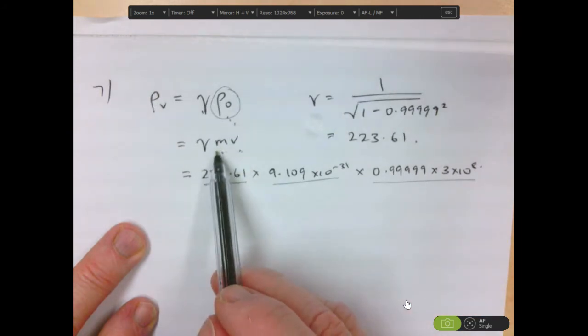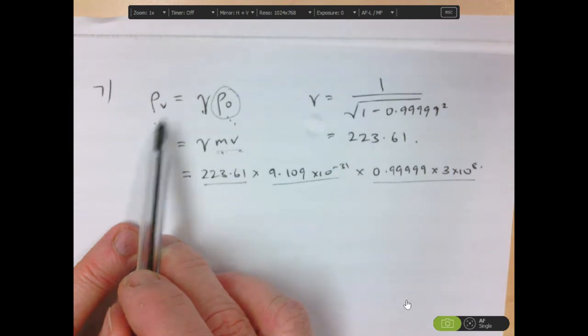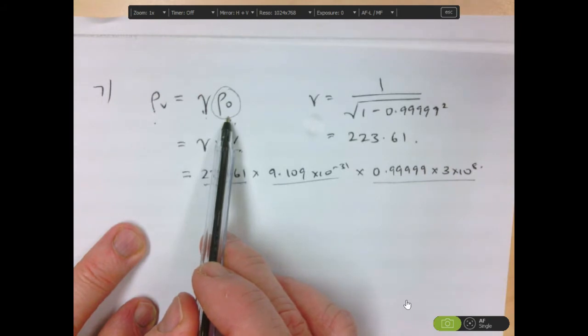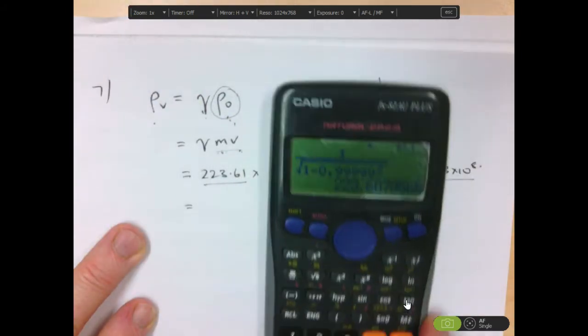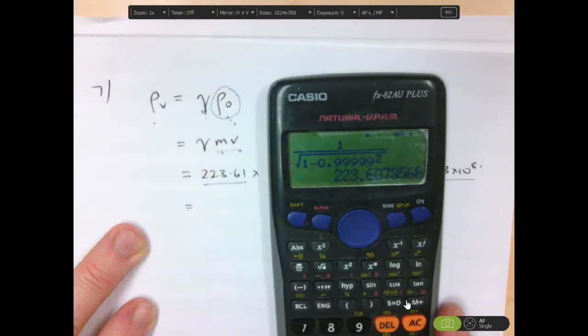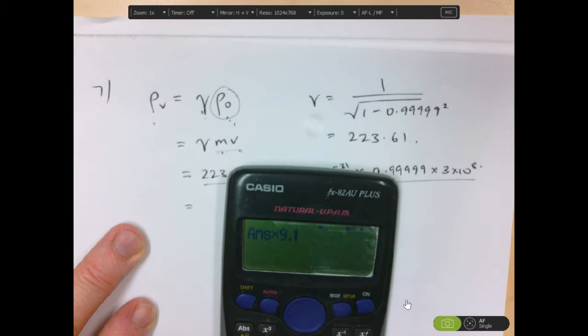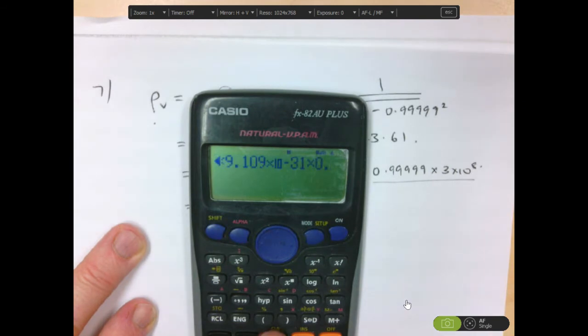So remember, momentum is just simply mass times velocity, and the relativistic momentum is simply the gamma times the normal momentum. Putting that into our calculator, I'm just using the gamma factor that is left on the screen, multiplied by the mass of the electron, which is given there as 9.109 exponent negative 31, times 0.99999 times 3 exponent 8.